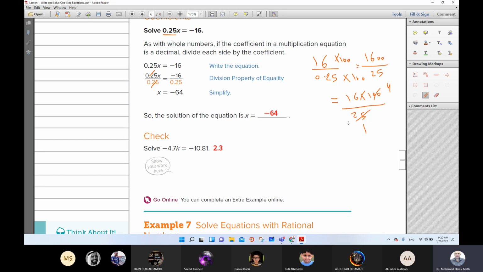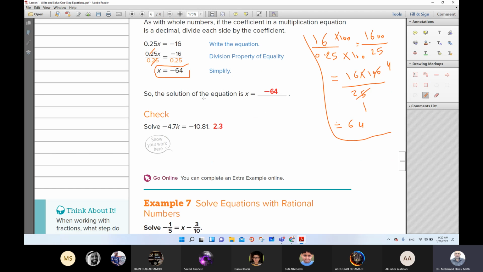Then multiply 4 by 16. 4 times 16 will be 64. So the answer: we have here negative, and 16 divided by 0.25 will be 64. So x equal negative 64. This is the solution of this equation.